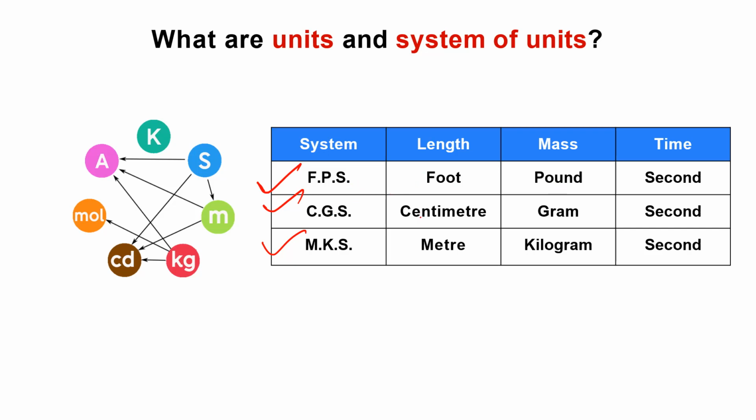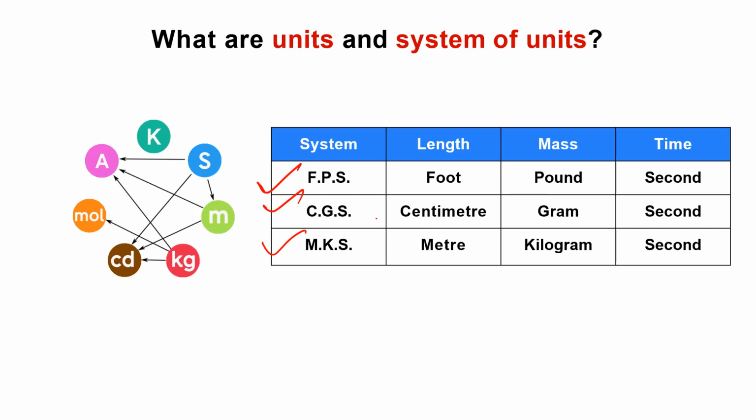In CGS, you know it very well, from your very childhood you have been learning all this. CGS, MKS, FPS, right? They are already included in your ICSE syllabus. That means whenever we have to measure length, we can measure it in foot, in the FPS system.